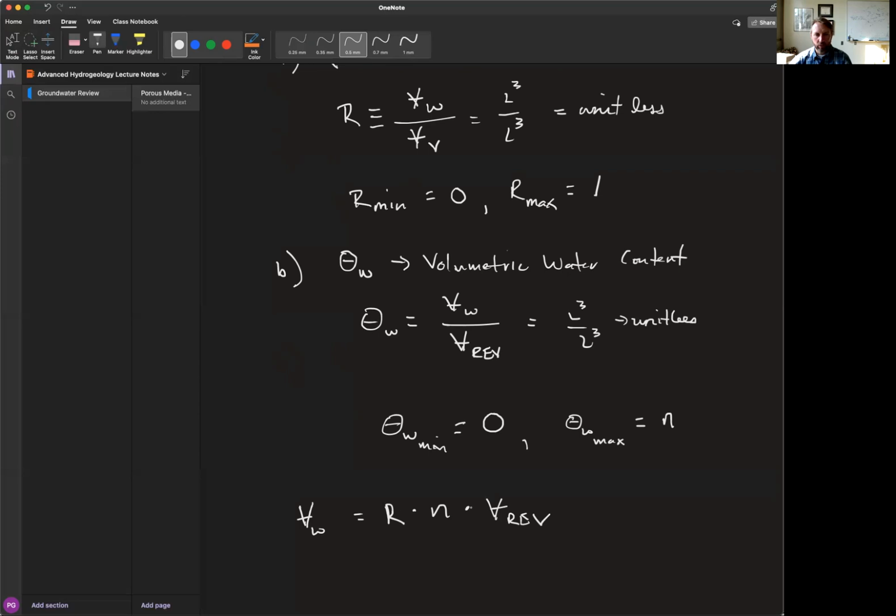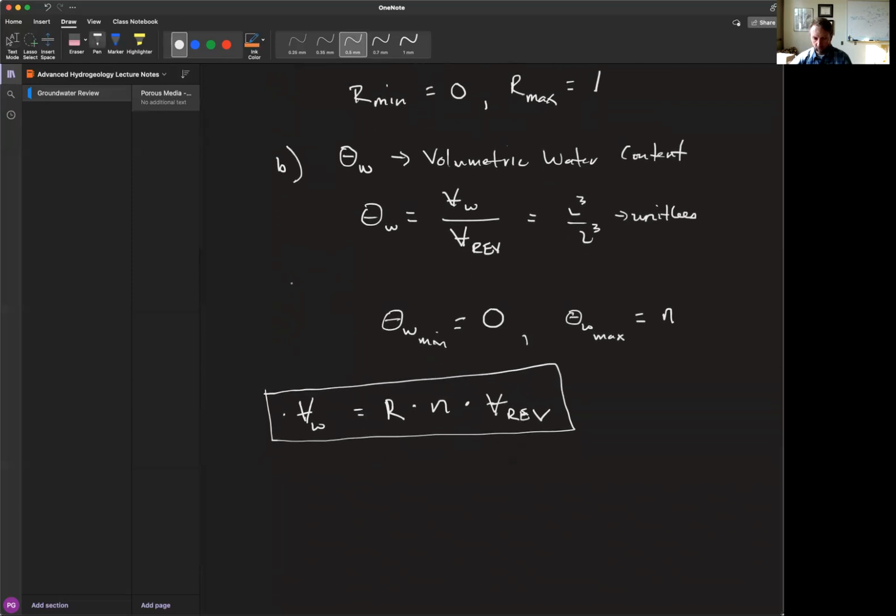When my saturation ratio is equal to 1, all my porosity is full of water, and so the total volume would be the porosity times the REV, or the volume of porous media. Saturation ratio allows us to calculate the total volume of water in a sediment sample if we know the saturation ratio.